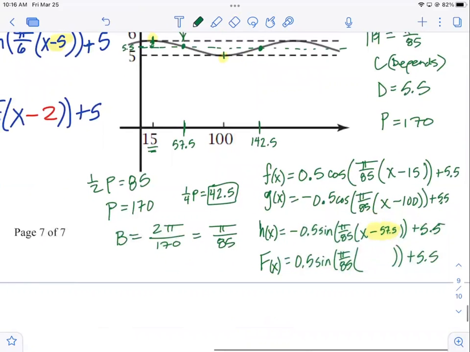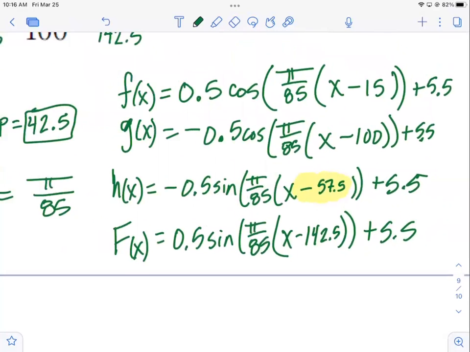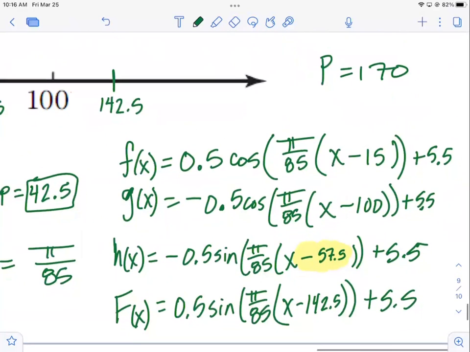And we just shift over to where it's on the axis going up, which is 142.5. So it's x minus 142.5. And that's it. Now we have one of each. We have one positive sine, one negative sine, one positive cosine, one negative cosine. Ta-da. And we ended on a positive sine, right? Yeah, nice.